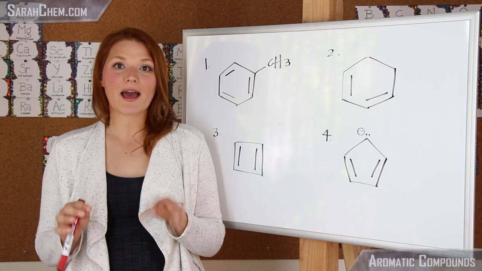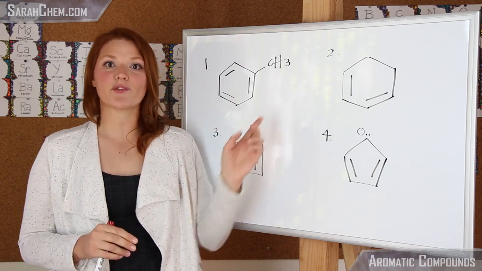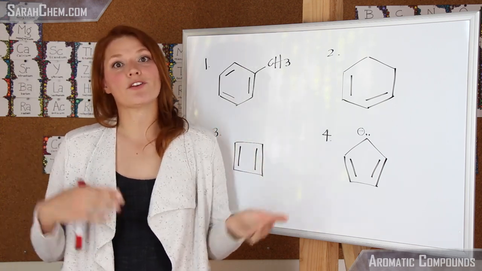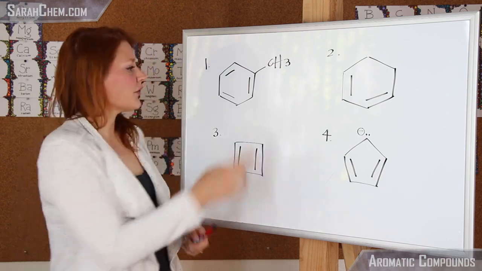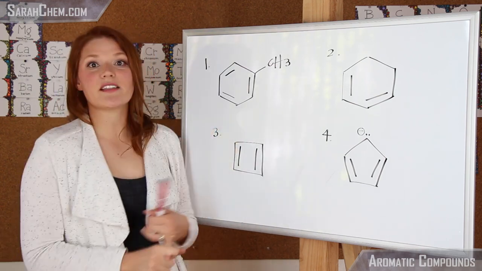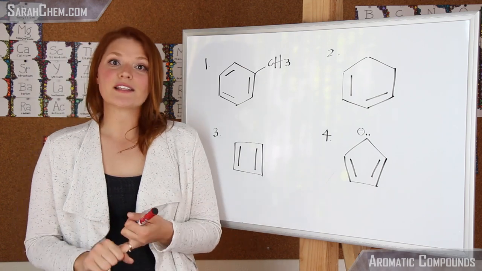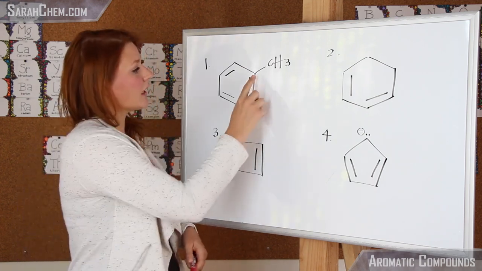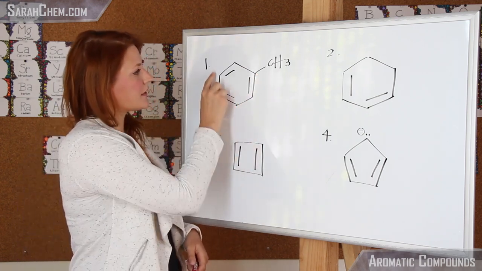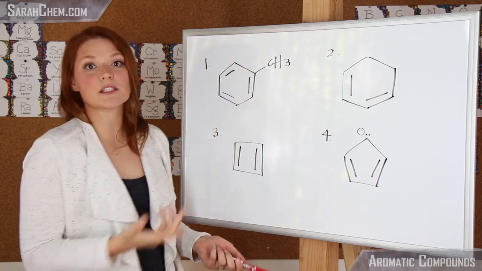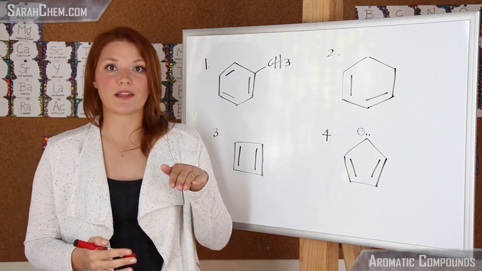Okay, so now let's systematically apply these three rules to each of these four compounds to determine whether or not they're going to be aromatic. So if we take a look at this first compound here, we see that it meets the first criteria. It does have a cycle in it. The second criteria is that it has to be planar. And if we take a look, all of the carbons that are participating in this cycle here are sp2 hybridized, which would mean they would be planar.